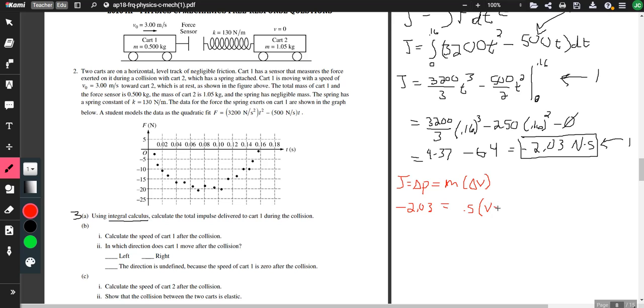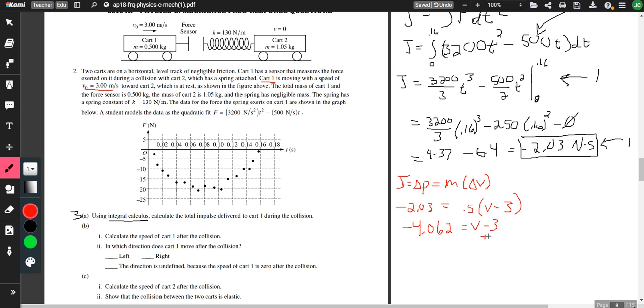I don't know what I'm looking for, the final velocity, and then they tell me that cart 1 was moving with an initial speed of 3 meters per second. So this is going to be minus 3. All right, so what I can do is multiply both sides by 2, and I get negative 4.062 if I want to be really accurate.